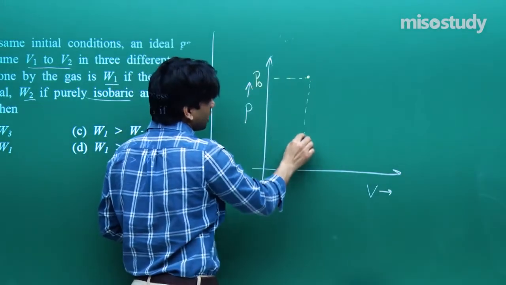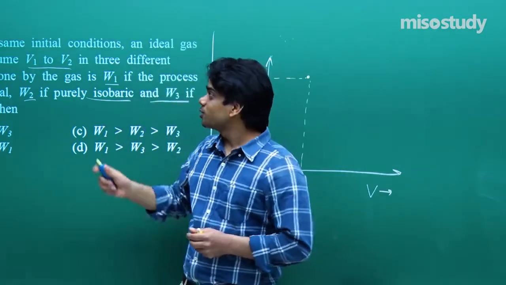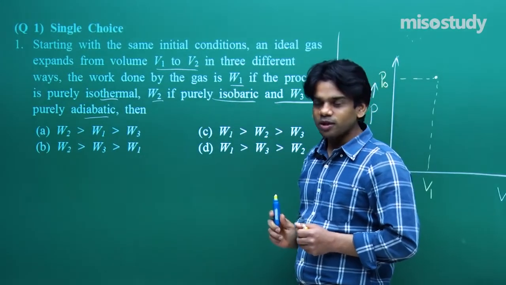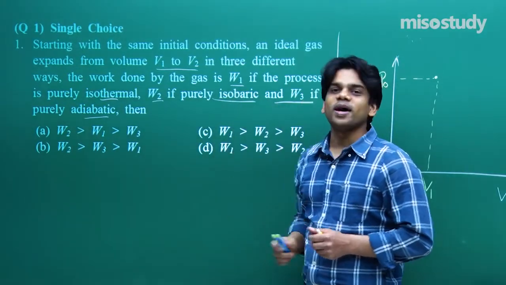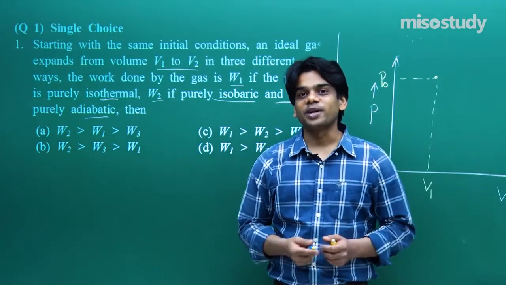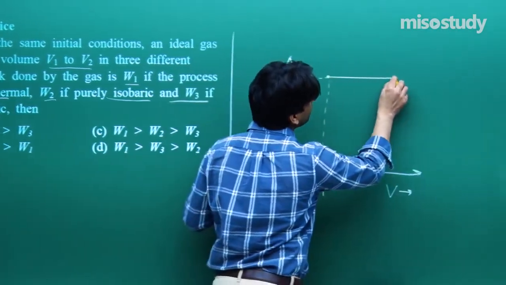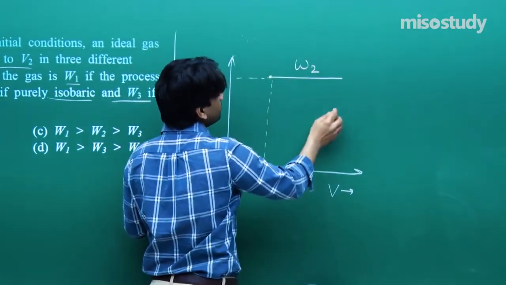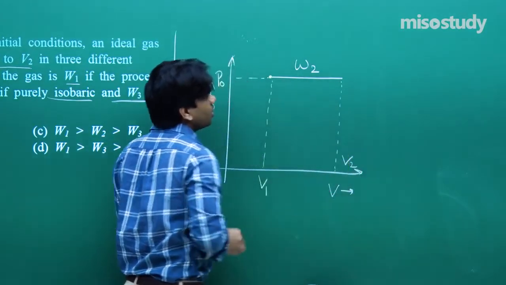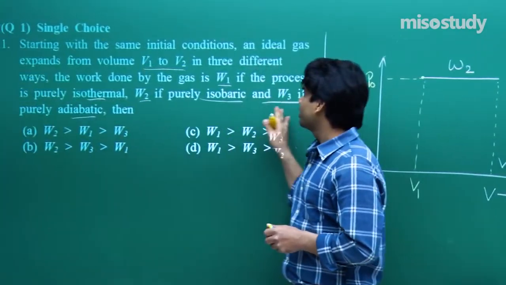W2 is for the purely isobaric process, which means there will be no change in pressure. So let me show you here, this is the first work done. This is V2.